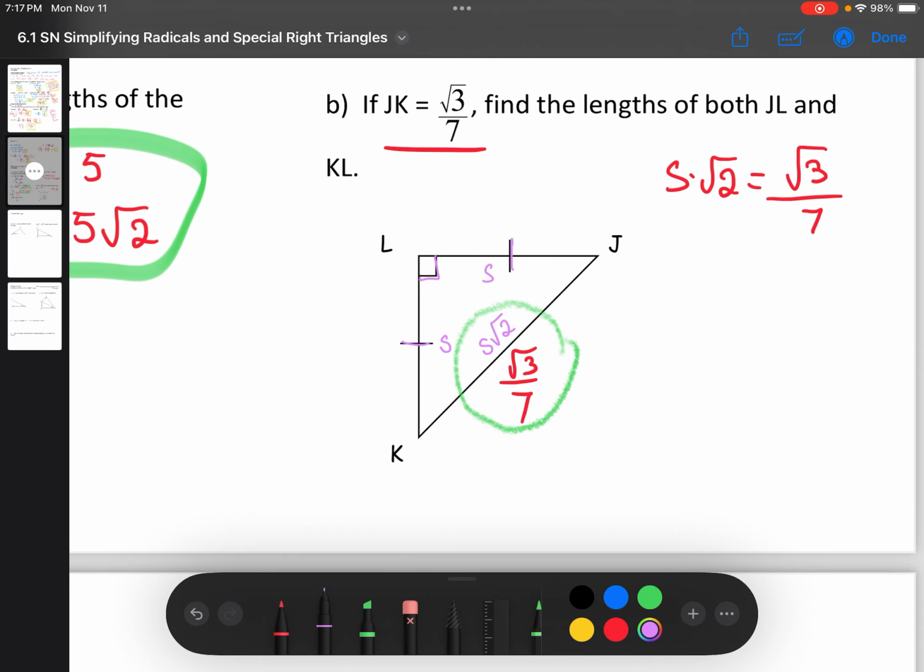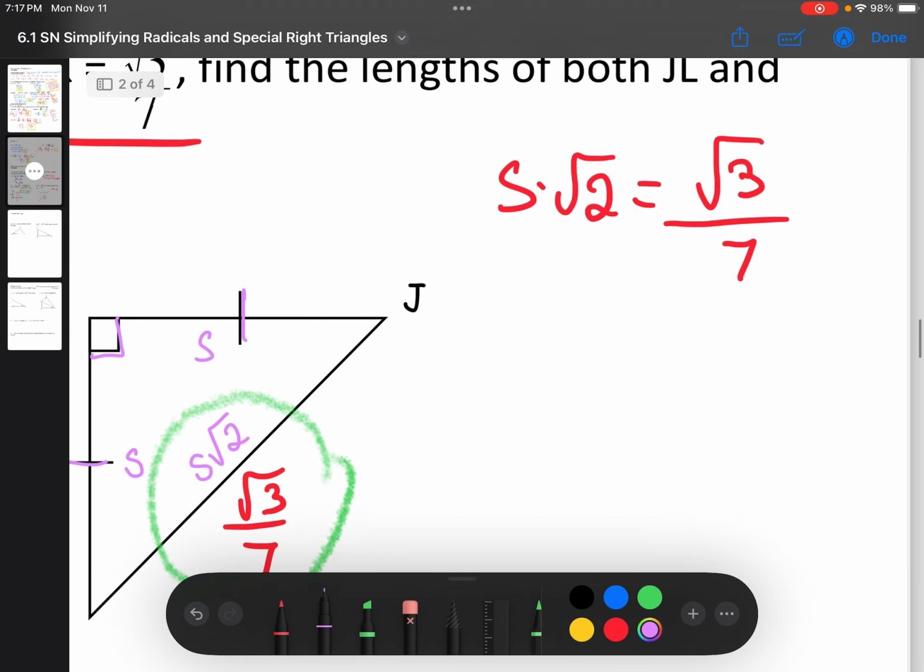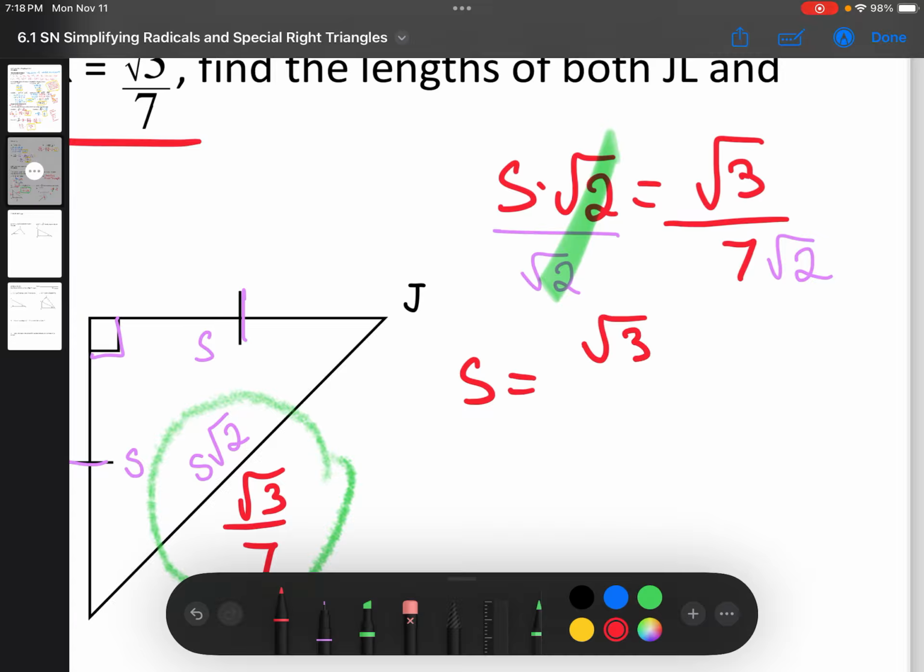Now, we want to solve this for S, that side length. To do that, we need to divide both sides by square root 2. So S equals square root 3 over 7 root 2.